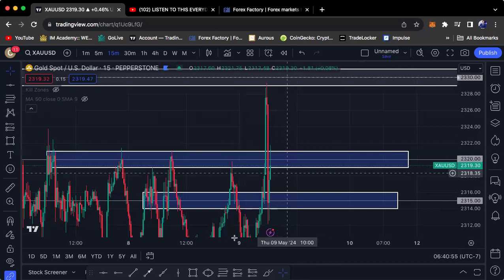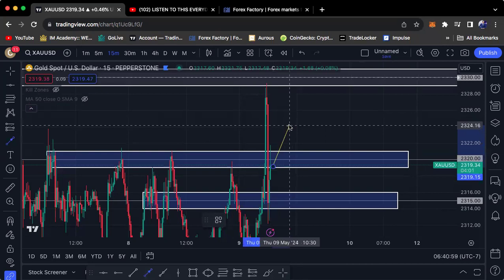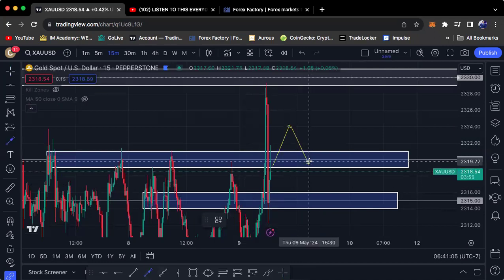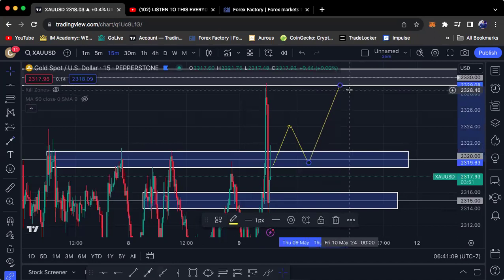Now if it breaks above, comes down to retest, and gives me a bullish candle confirmation, then I'm writing it up.